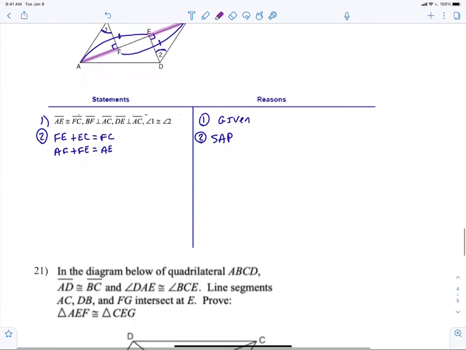So now after step 2, what can we say? Yes, because that was AF plus, say that again.